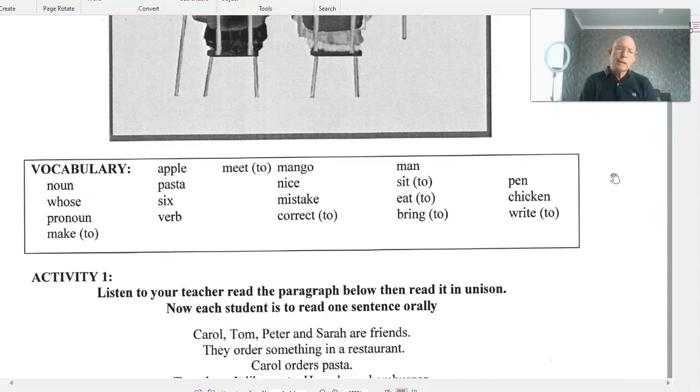Whose will lead you to a noun. So, whose pen is this? Whose pen is this?